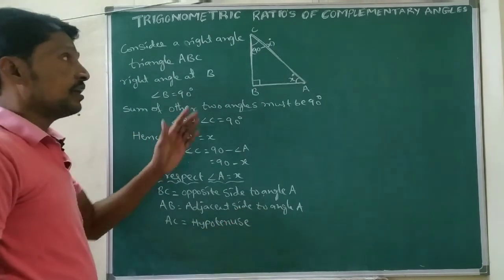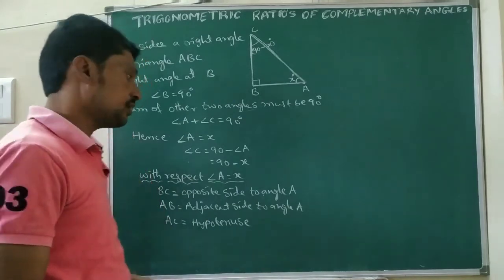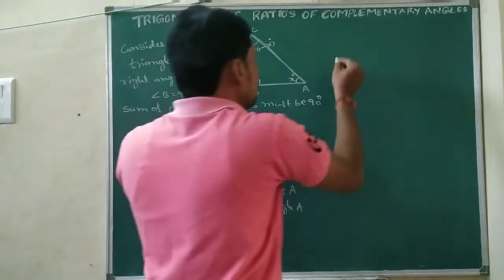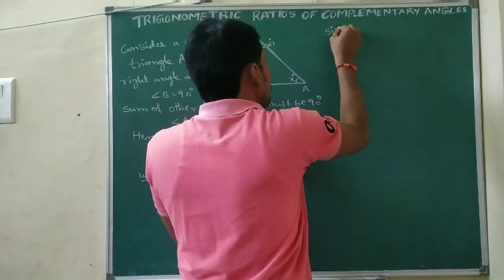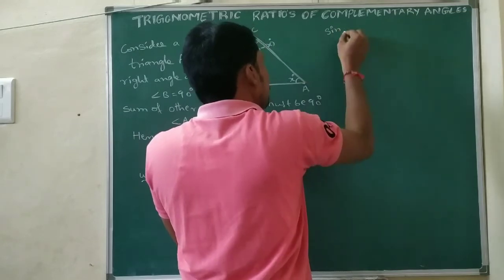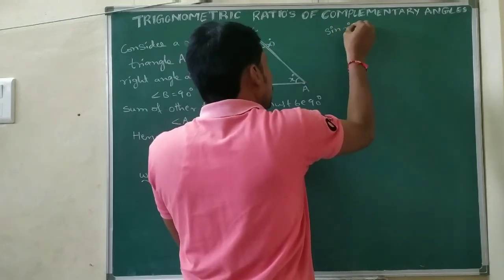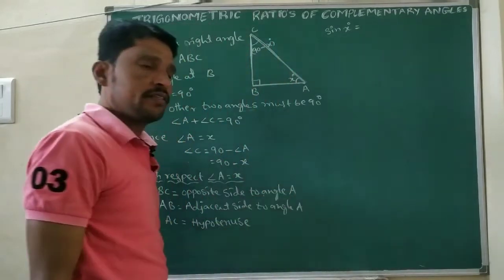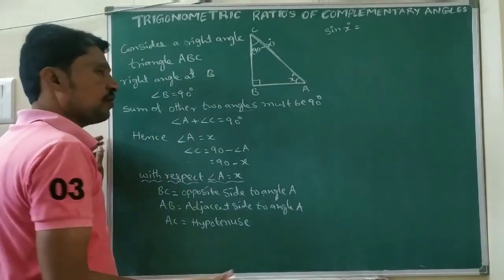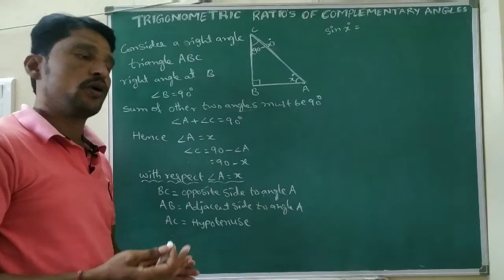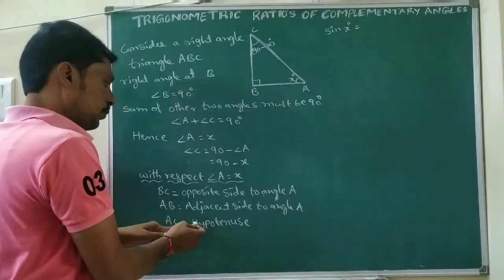Now you can take the trigonometric ratios. So sine x degrees. What is sine? Opposite side to angle X by hypotenuse.